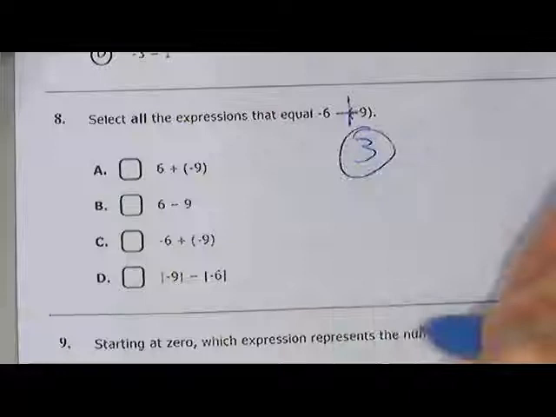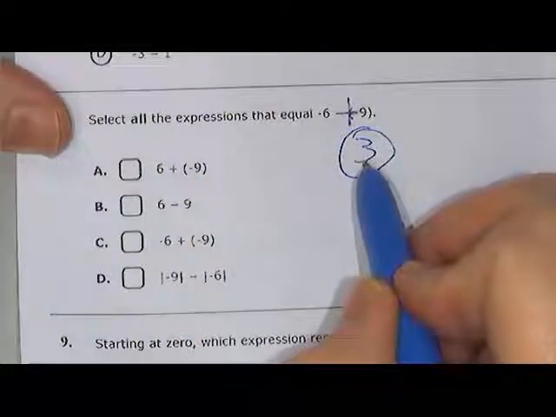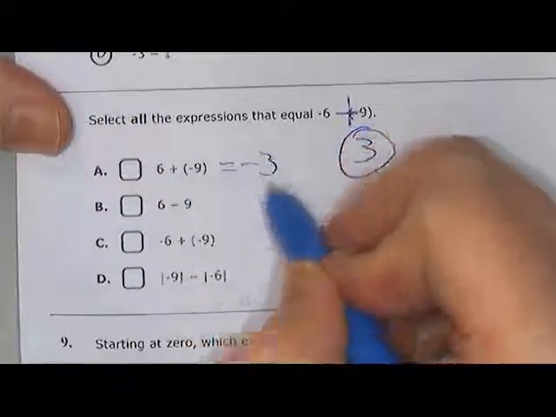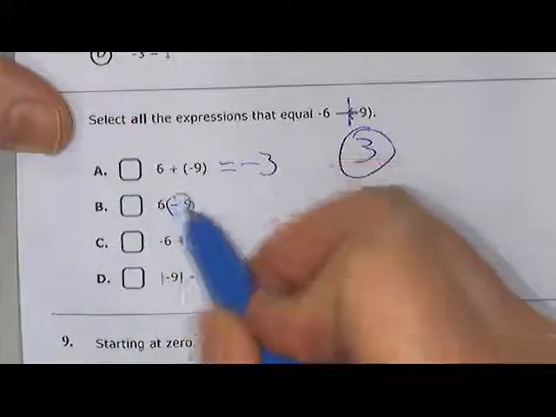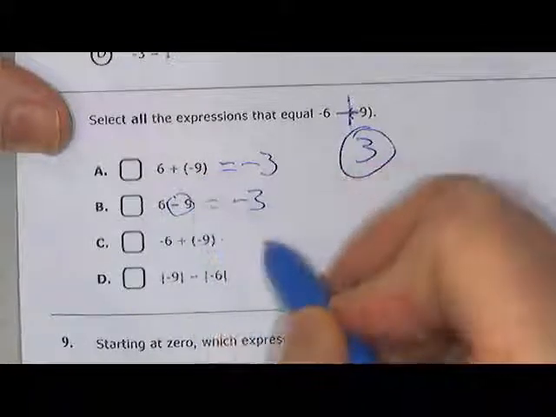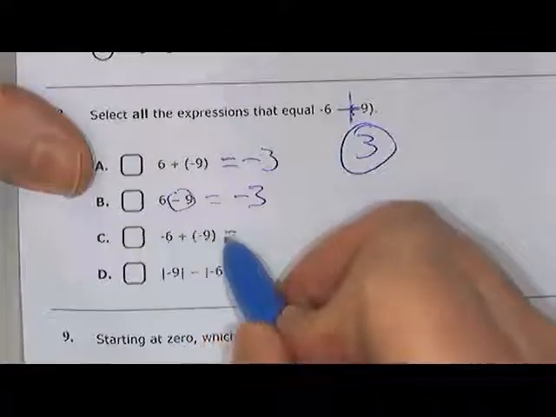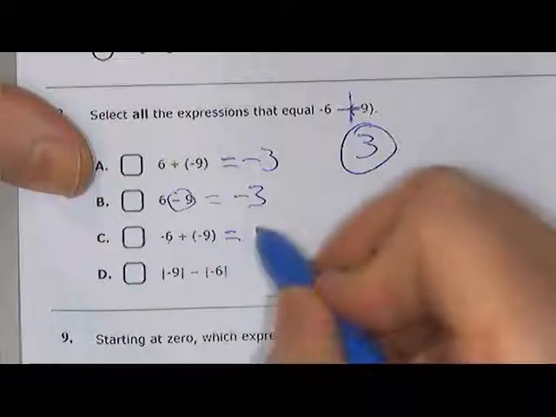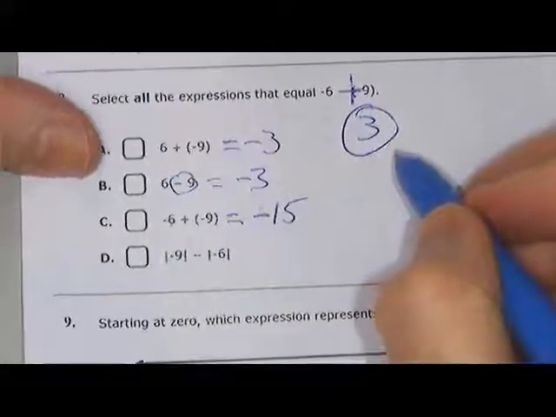Oh, it also makes 3. Okay, so which ones of these equal 3? -9 plus 6, that's -3. That won't work. 6 minus 9, or 9 negatives and 6 positives, it's the same thing. It's -3. 6 negatives and 9 negatives makes -15. That does not work.